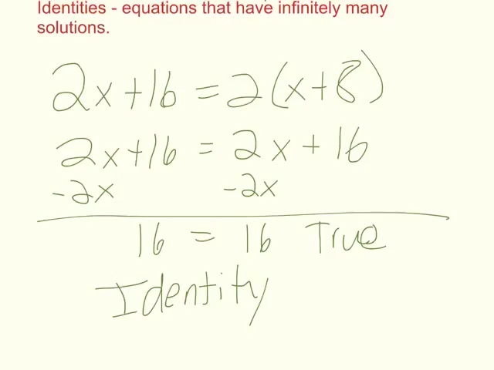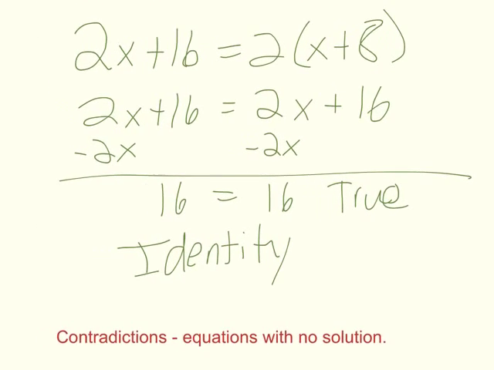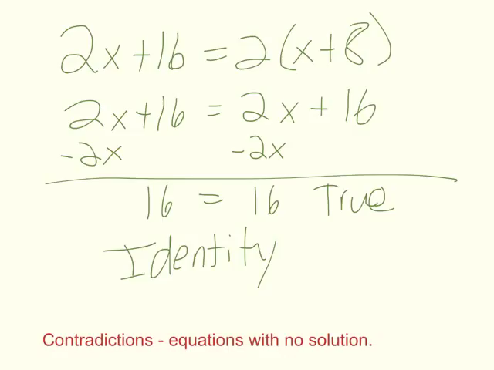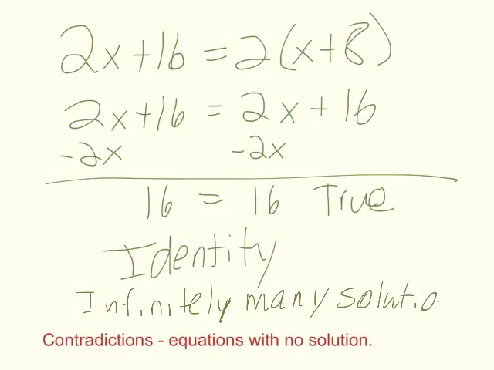In some cases it's perfectly acceptable to simply say infinitely many solutions. So that's what I'm going to do here. And that's how we'd write the answer for that one.